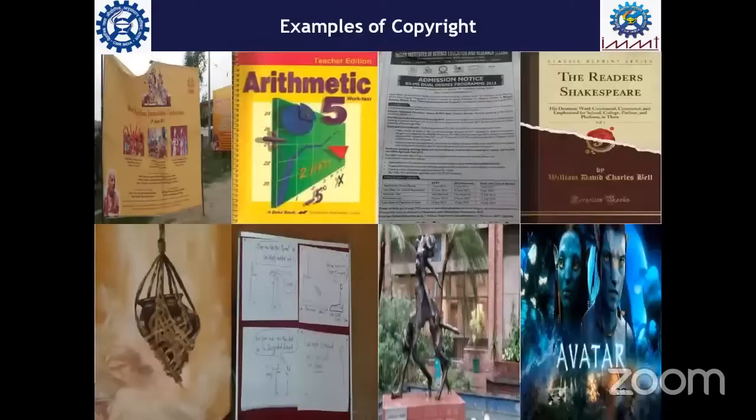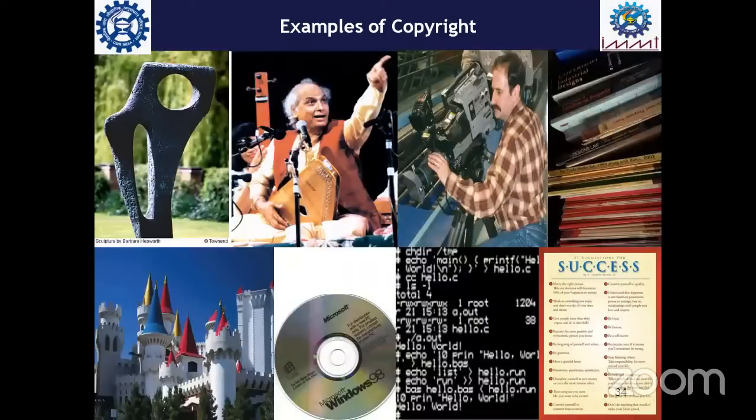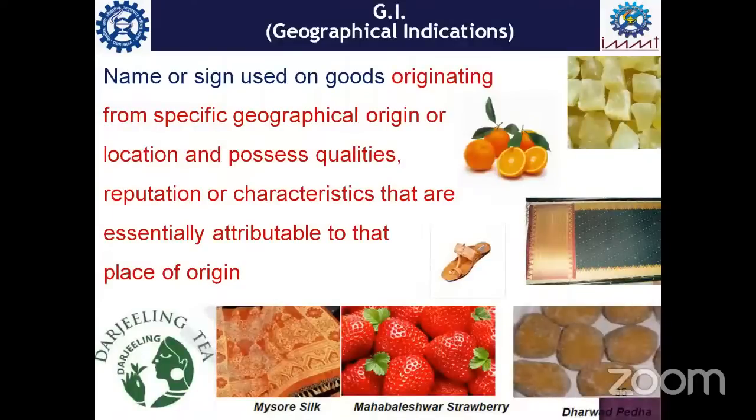See these examples: banner, poster, advertisement, painting, cartoon, sculpture, poster of a movie, textbook cover page, or even the textbook as such, musical composition, choreography, cinematographic works, computer programs, some success story banners, brochures, all these can go as copyrights.